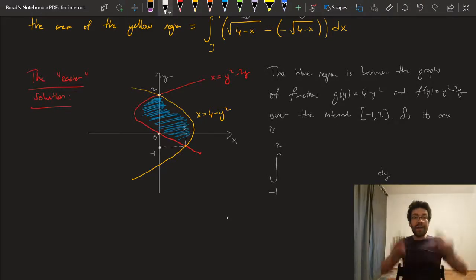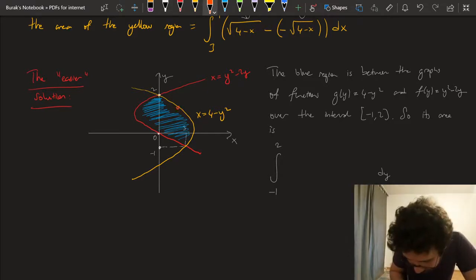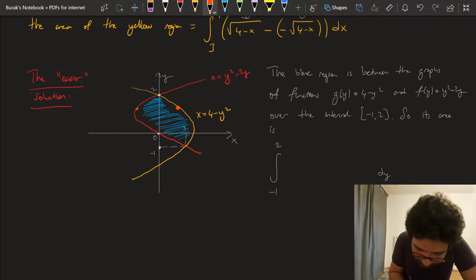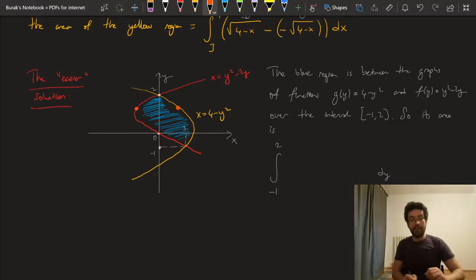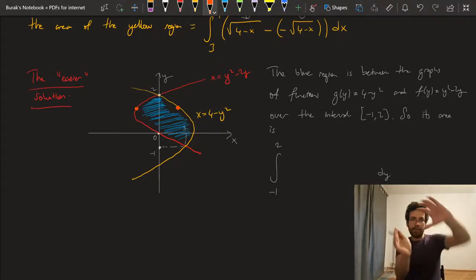And what is my top function in this case? The top function is this one. And this is the bottom function in this case. Okay? Just take this picture and rotate it 90 degrees counterclockwise, and then you'll get that.